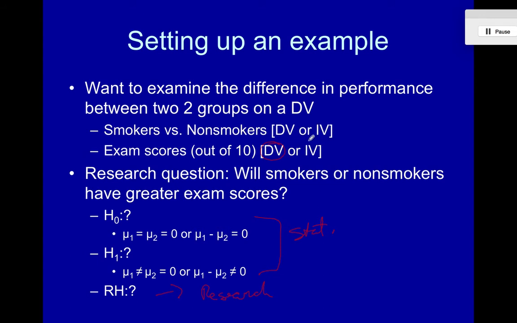So here, based on what they found in previous research, I'm now going to be making a prediction about my own particular study. Let's say, for instance, we find that people who smoke are more anxious than people who do not smoke. We would assume then that if people become more anxious as smokers, potentially they may become even more anxious on an exam.